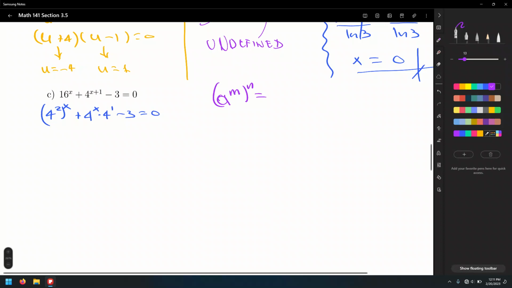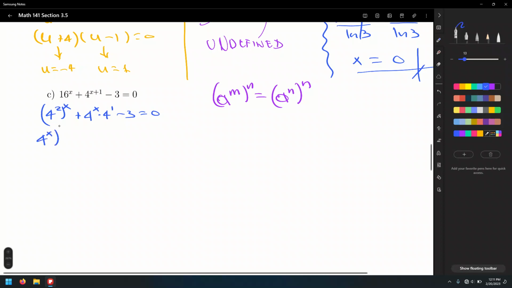In this case, because this operation is multiplication, we know that multiplication is a commutative operation. That is, we can multiply m times n, or n times m, in whatever order we want.